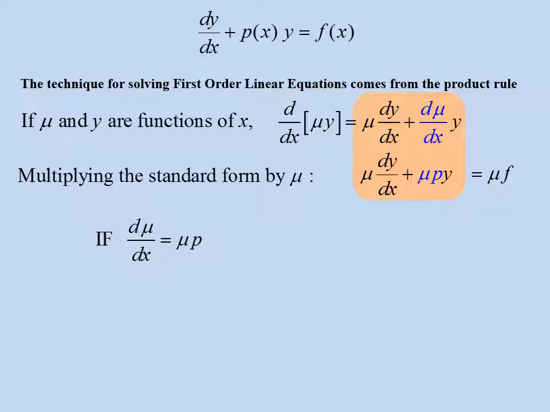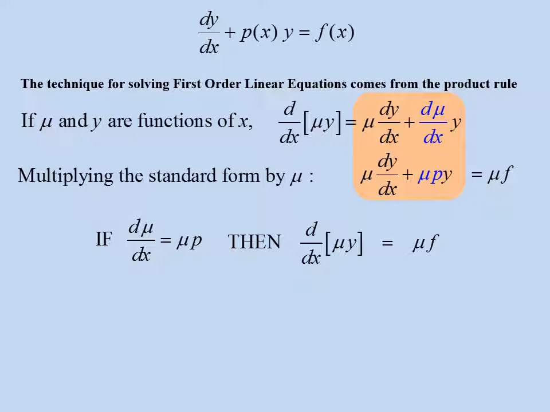And that's kind of the emphasis behind our technique. So, in order for the derivative of mu times y to be equal to mu times f, the derivative of mu with respect to x has to be mu times p. Now, I'll see just in a minute how this works into the technique.